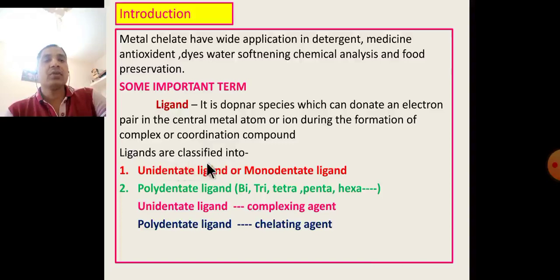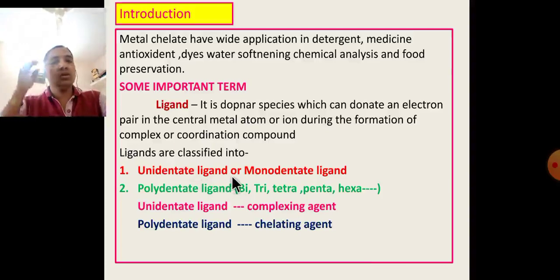Ligands are classified into two types. Mainly, unidentate ligands are also known as monodentate ligands. Dentate means teeth. In a monodentate ligand there is one lone pair of electrons for donation.